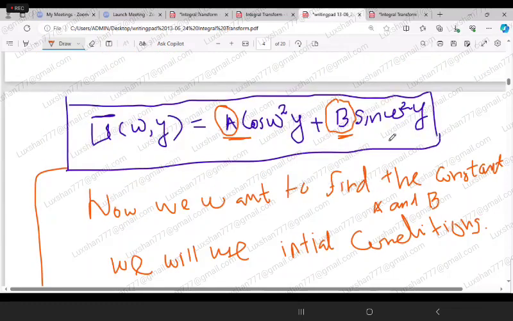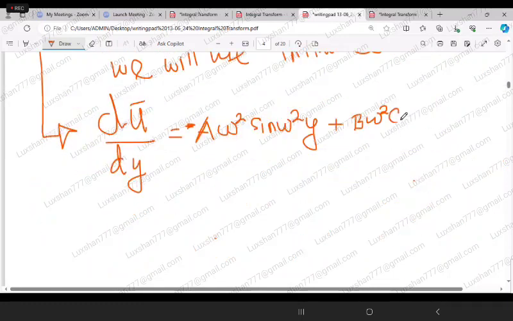If you differentiate sine, it becomes cos. So this is the correct one: ∂u bar over ∂y is equal to minus a ω² sin(ω² y) plus b ω² cos(ω² y).